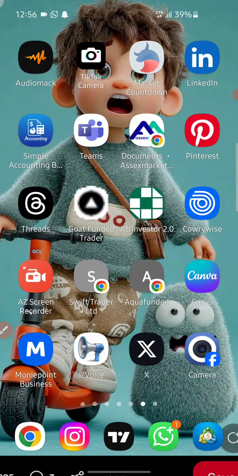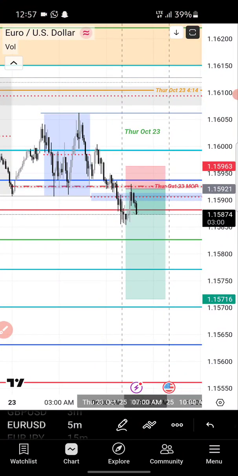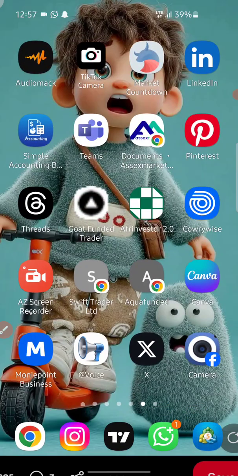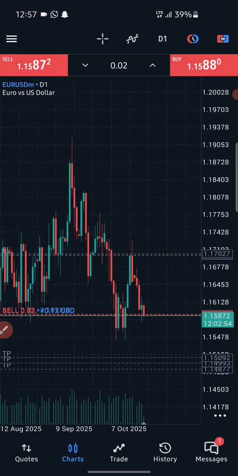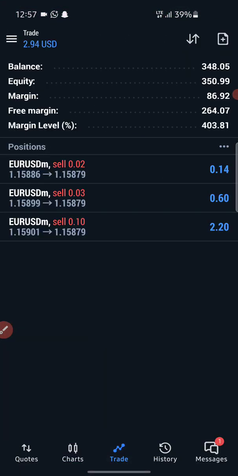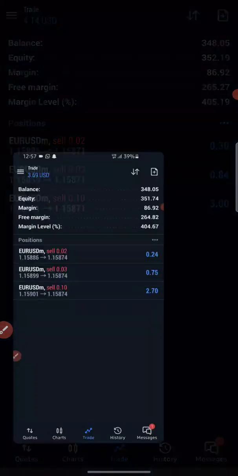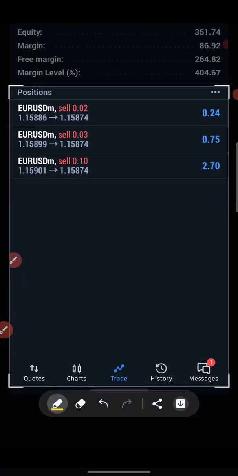So following order flow from the daily, the H1, 30 minutes, 5 minutes, 1 minute, and watch what we're seeing right now. Should be seeing profits. So we'll just screenshot it and send to the community.